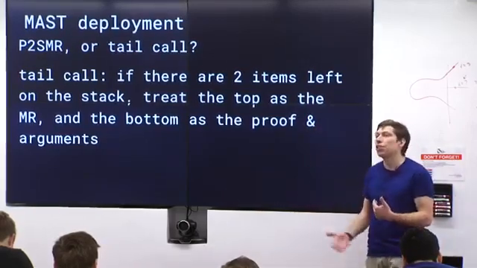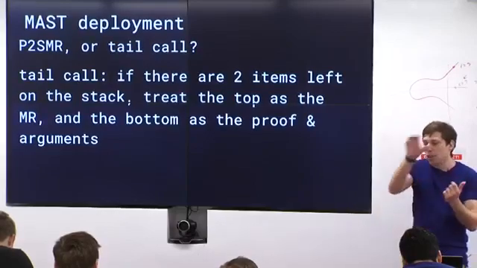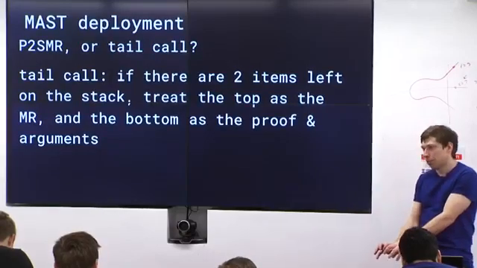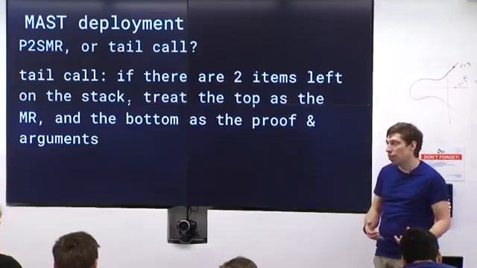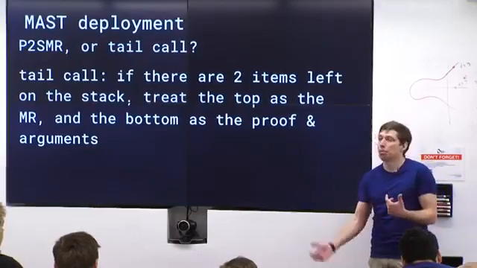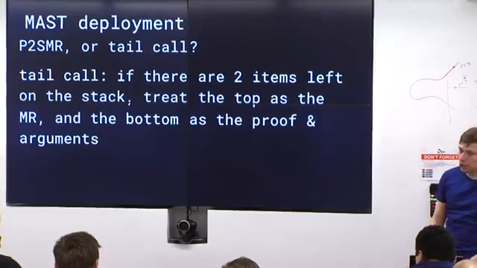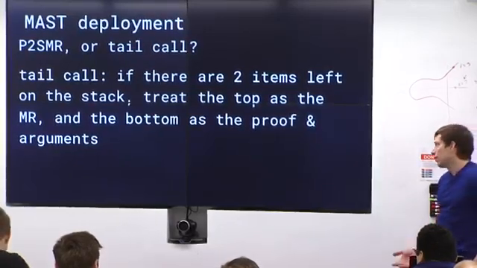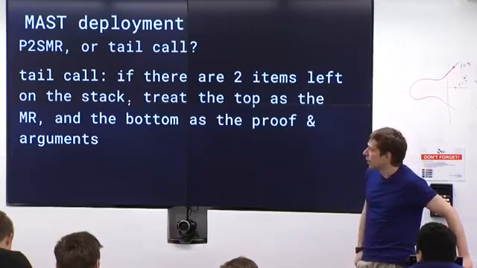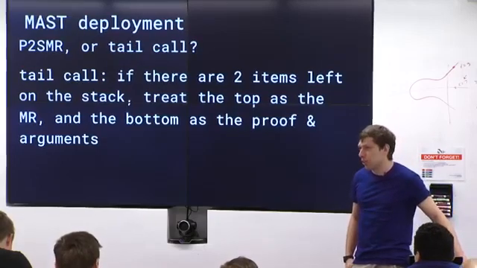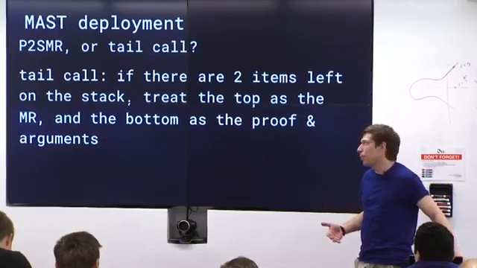So you can sort of recursively say, okay, I went down into this script with this proof, and then I executed it, and then things were left on the stack, and it was another proof for another Merkle root. So that's kind of cool. You can make all sorts of crazy things with that. I don't know how useful recursion is in this case, but there could be cases.